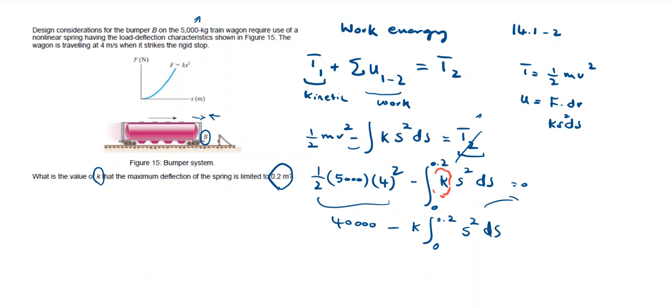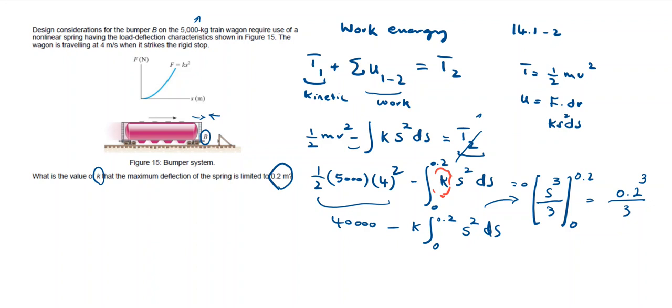Easily, the integral of s squared ds is s cubed over 3, and the bounds of this integration are 0 to 0.2. I just substitute in the value 0.2 cubed over 3.